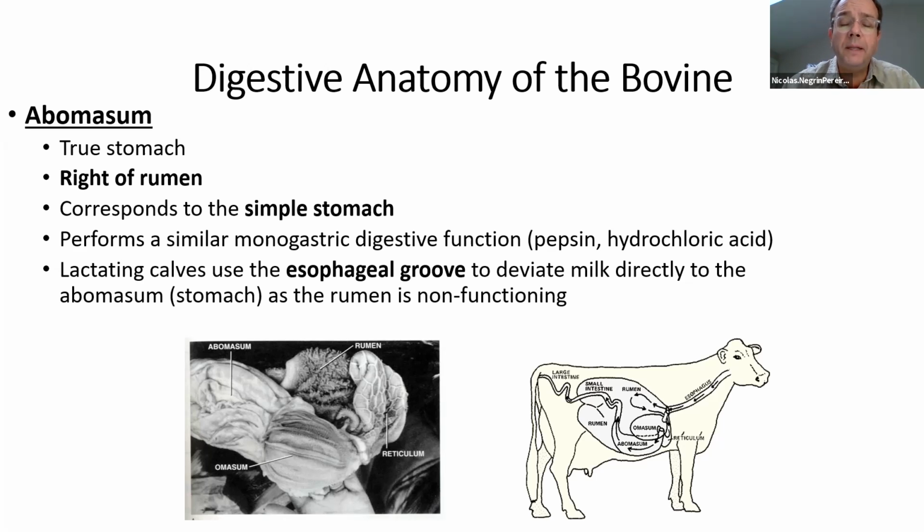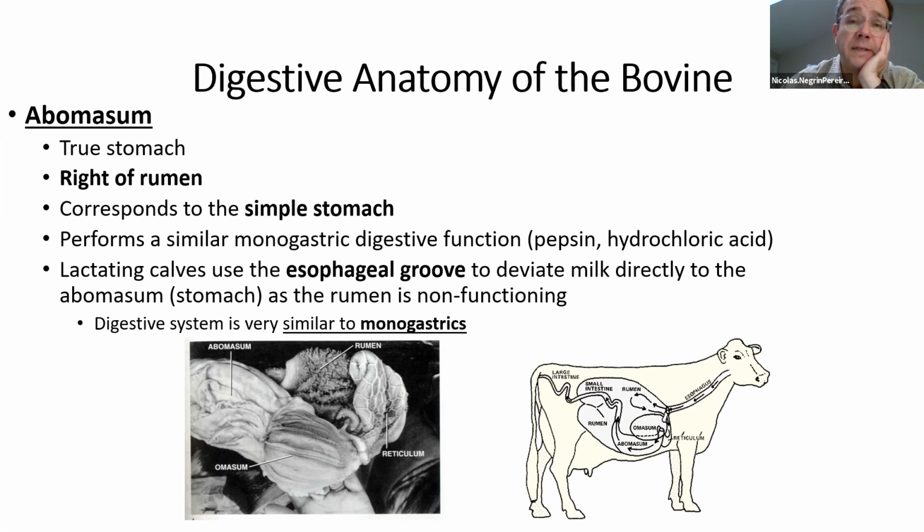If milk by accident landed in any of the other compartments, it would become rancid. It would produce a lot of digestive problems for the ruminant. So for this reason, because the animal is not really prepared to ferment any feed at that young age, the esophageal groove is key for avoiding any digestive problem.